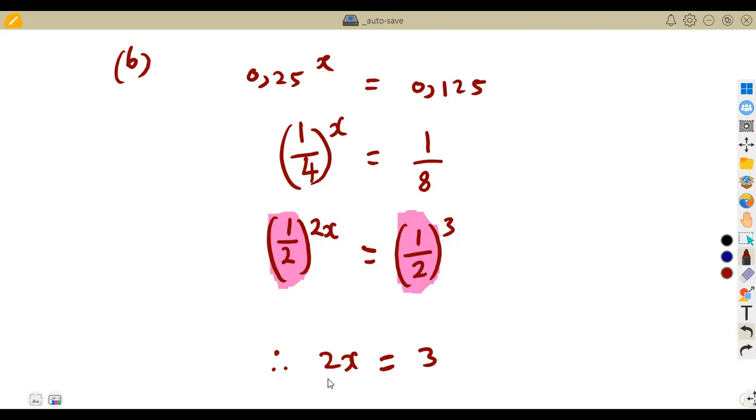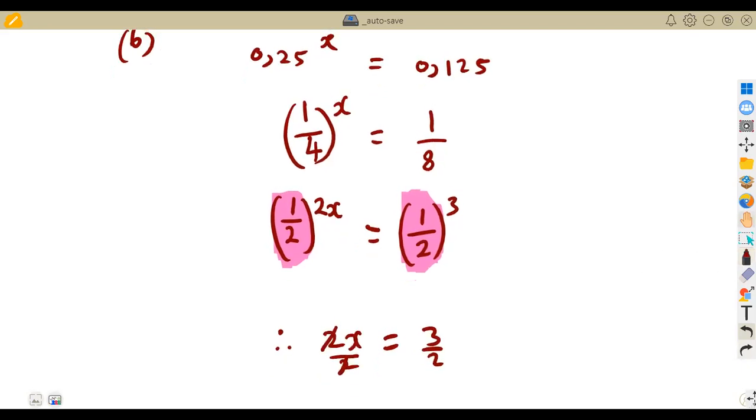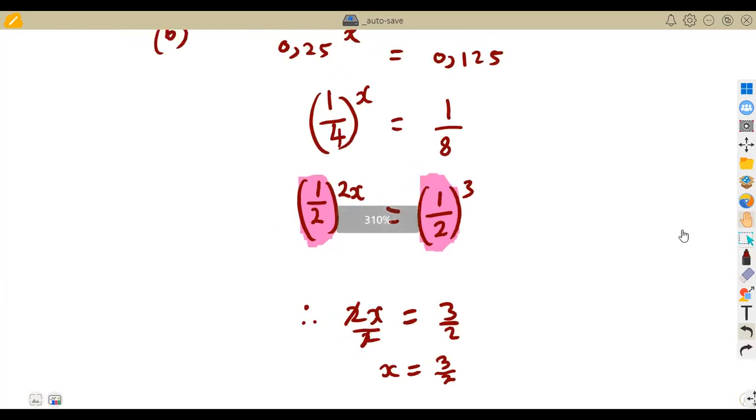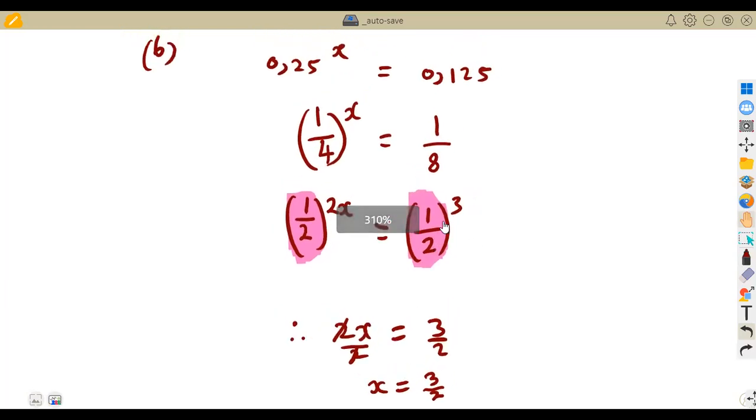How do I find x? I'm going to divide by 2, divide by 2. There I have the exact value of x. So our x is going to be 3 over 2, or 1.5, whatever you prefer, but that is how you could have calculated our x.